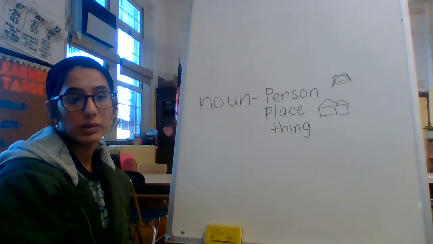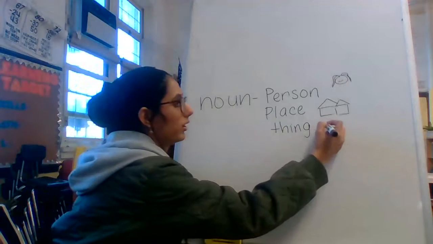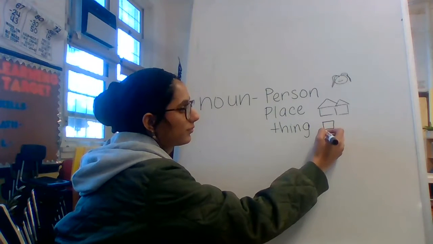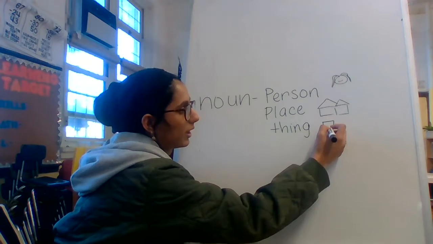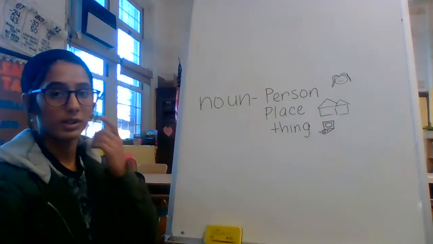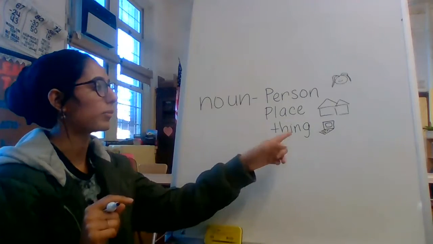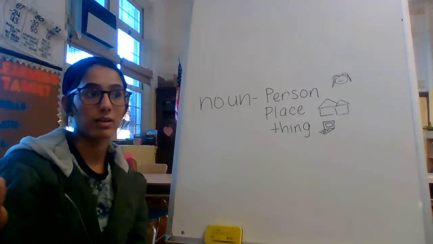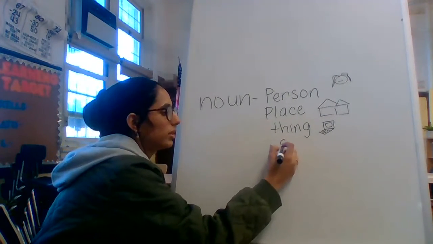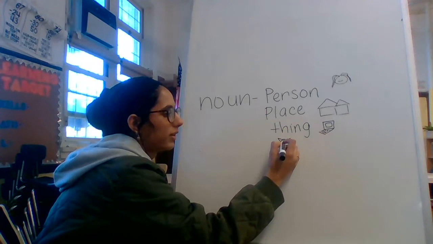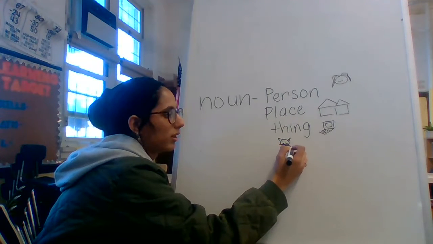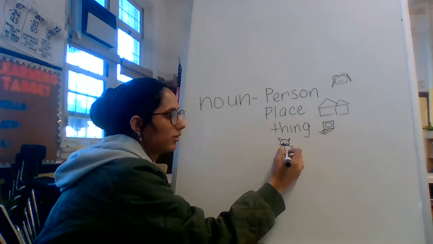And a thing could be the laptop. Those are just 3 examples of nouns. So any person, any place, anything, and remember in the thing, we also said animals count too. So let's just draw a cat. Okay, there's my little cat.